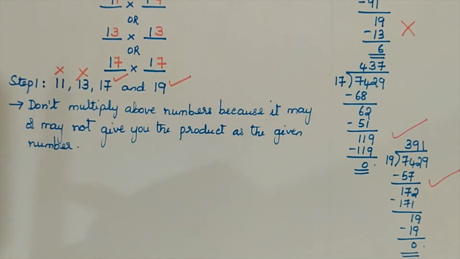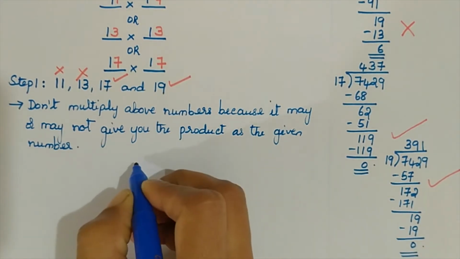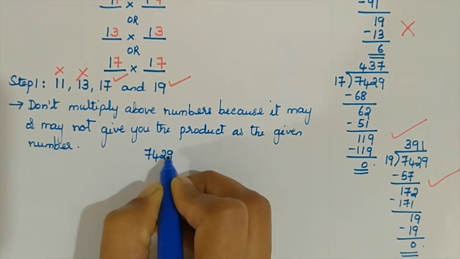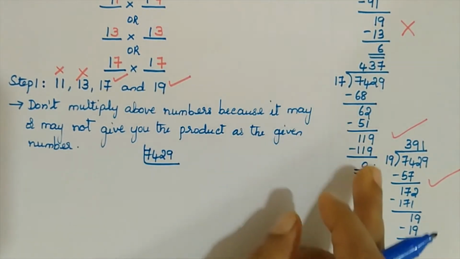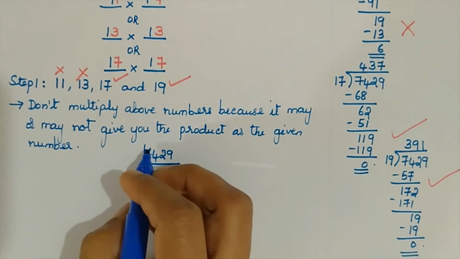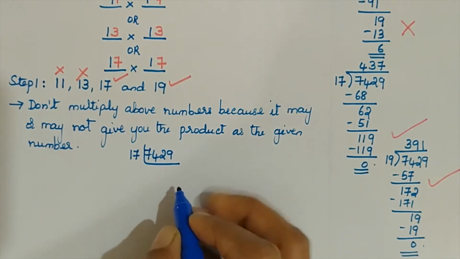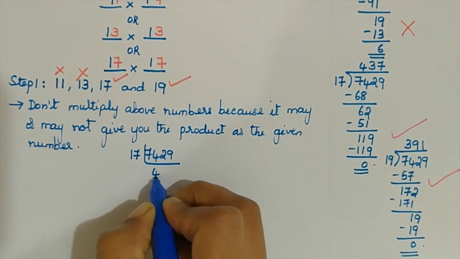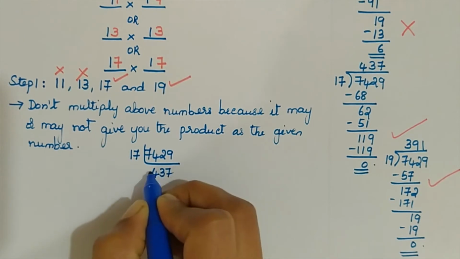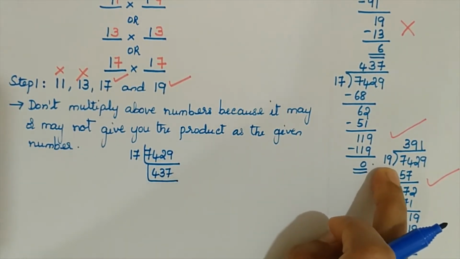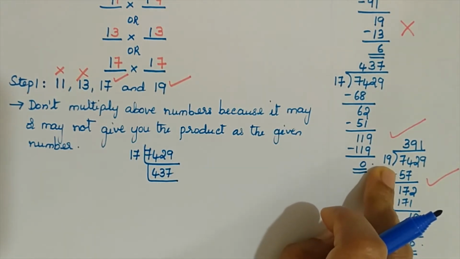So let us do the prime factorization of 7429 now. We know 17 and 19 are already the factors. So we'll start dividing with 17. 437 times 17 gives 7429. We know one more factor is 19. Try dividing 437 by 19.